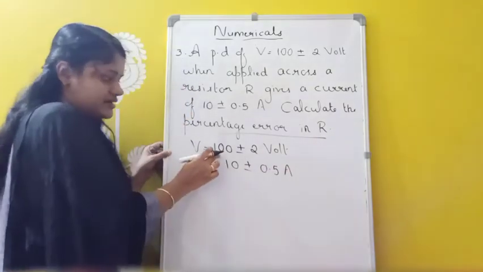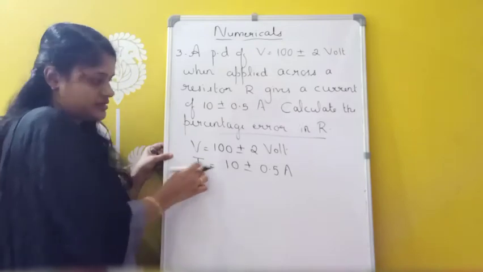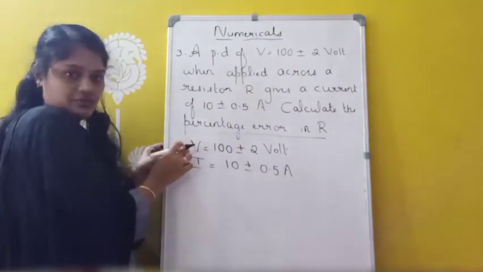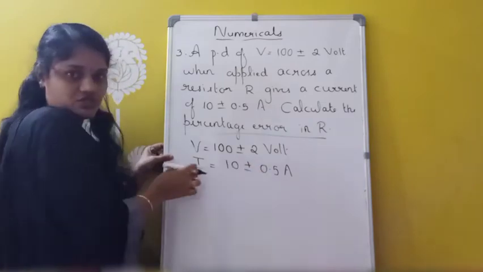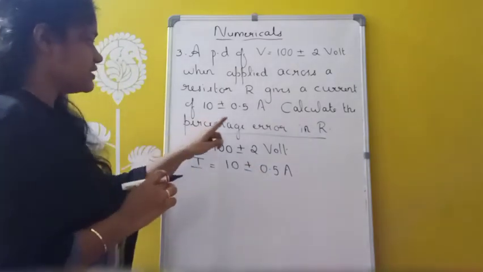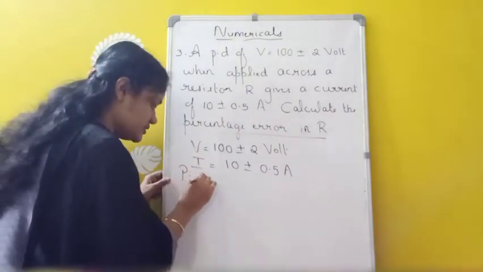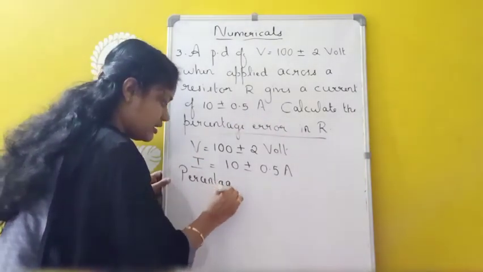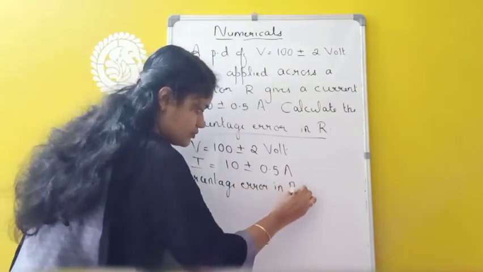So I told you this 100 may be the true value of voltage and this 10 is the true value of current. And this 2 represents the error in the measurement of potential difference and the 0.5 represents the error in the measurement of current. Then we have to find the percentage error in R.